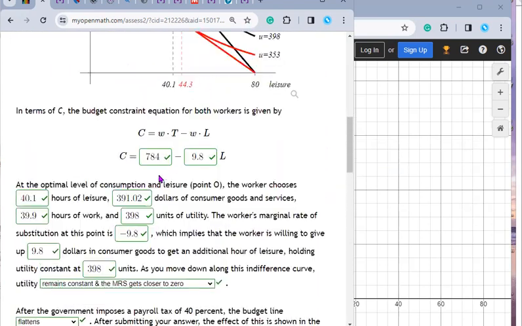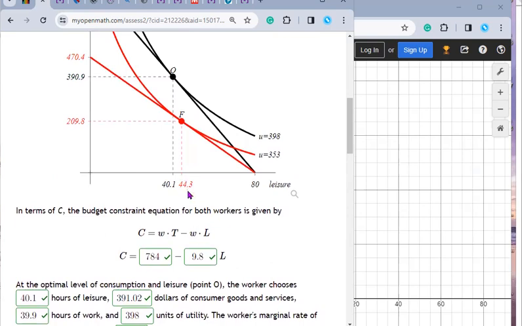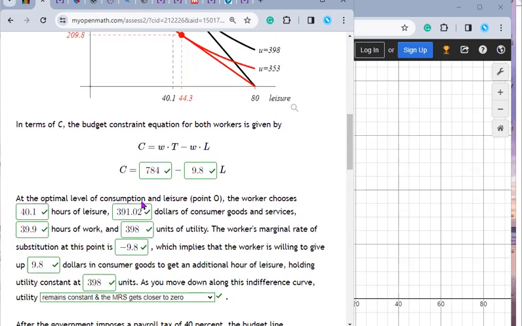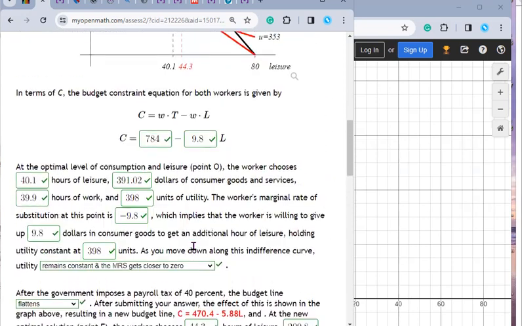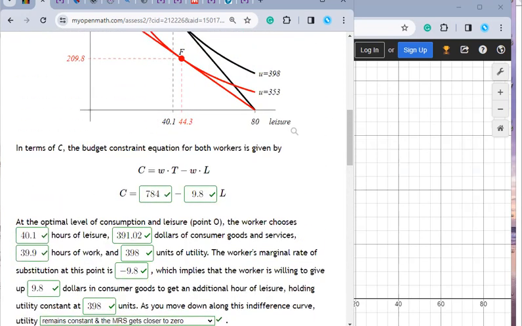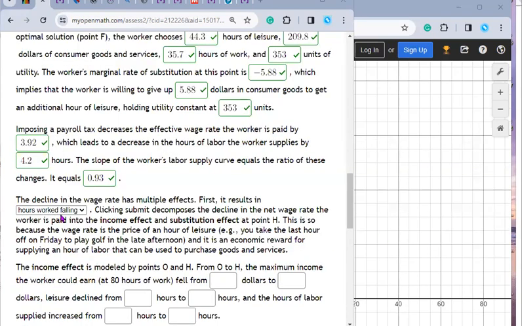Leisure decreased from 44.3 to 40.1. Hours worked rising. Yep, that's true. Okay, I went through and edited this list because I had three situations that were true.